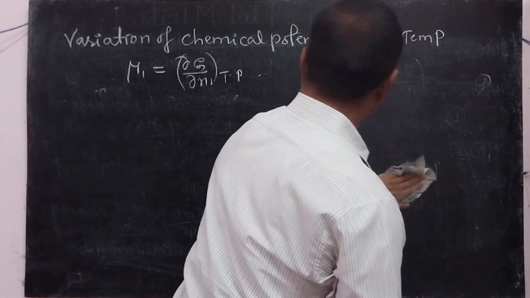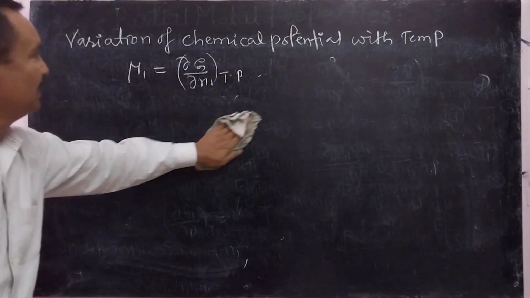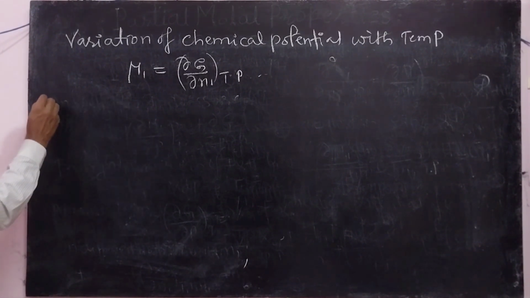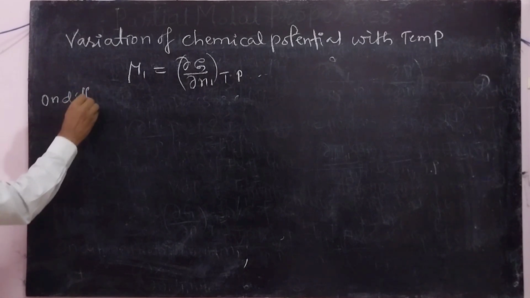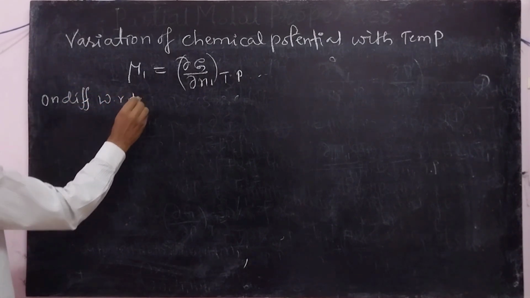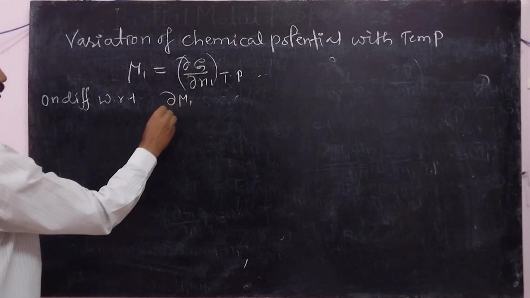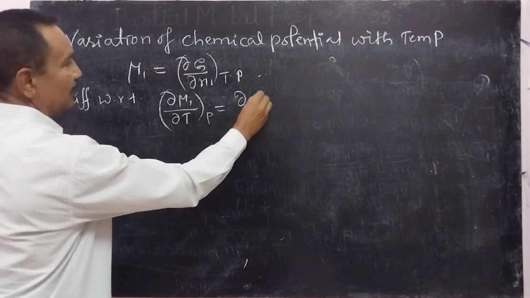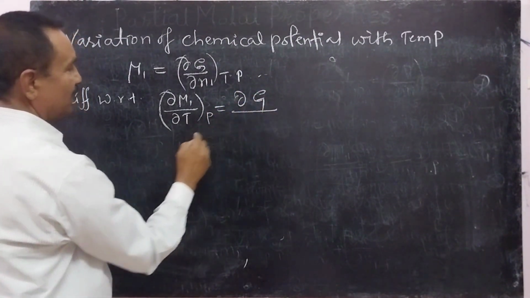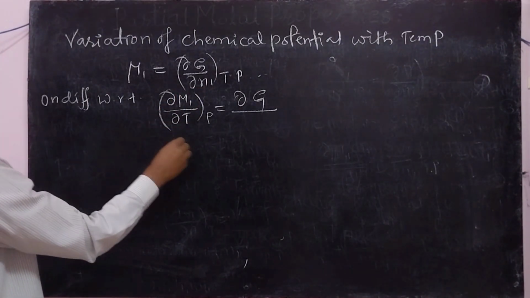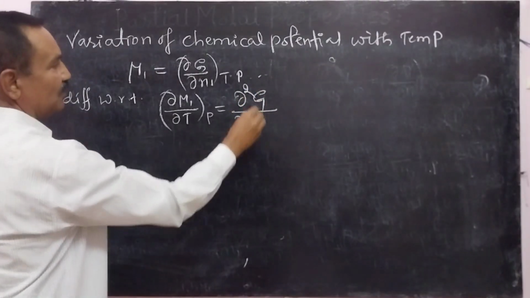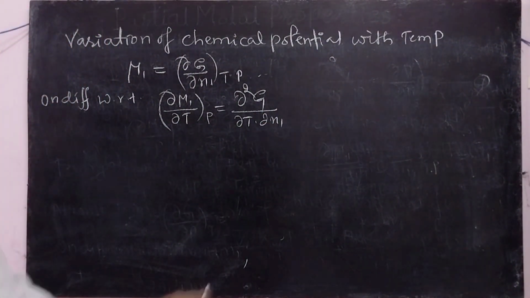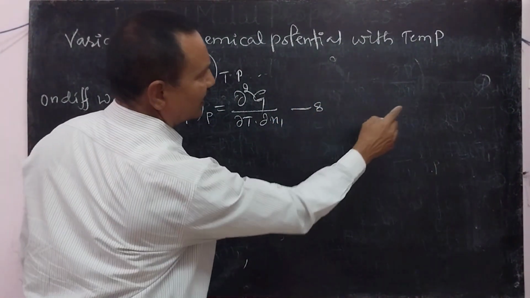Then on differentiation with respect to temperature, we get ∂μ1/∂T at constant pressure equal to ∂G/∂N1 differentiated with respect to T, that is ∂²G/∂T∂N1. Now we will number this equation as 8.